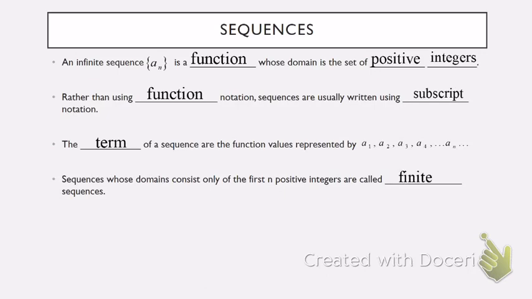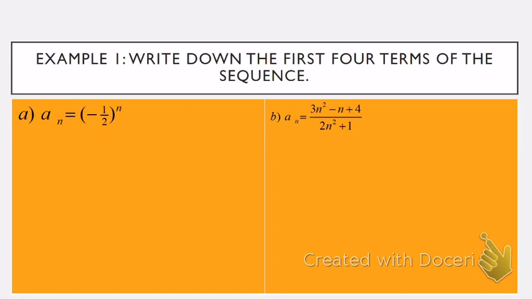Sequences whose domains consist only of the first positive n integers are called finite sequences. When we're working with these problems, we are going to plug in values for n based on the directions.